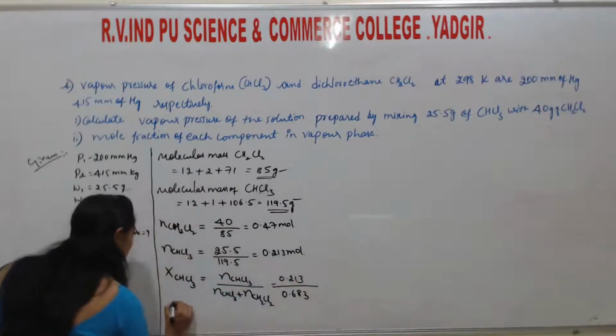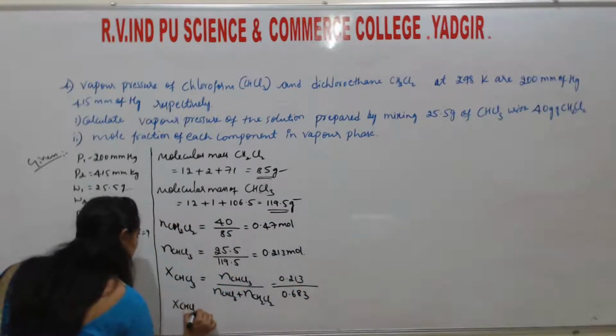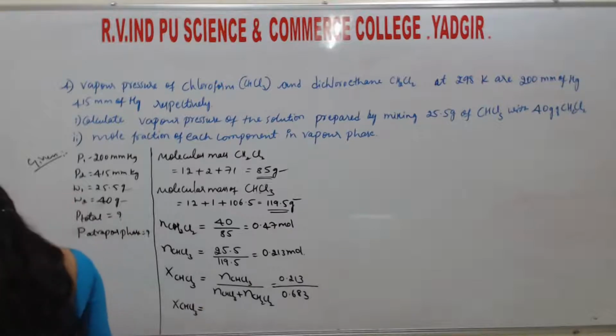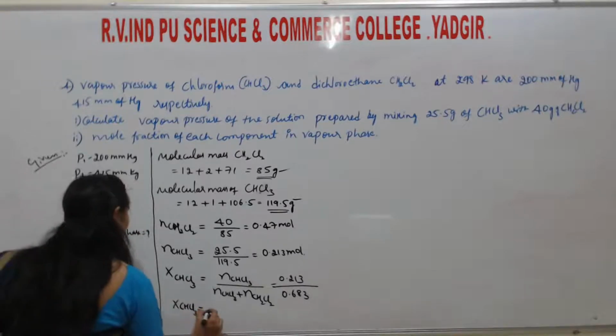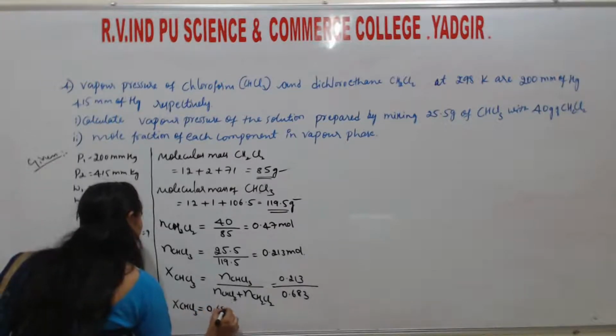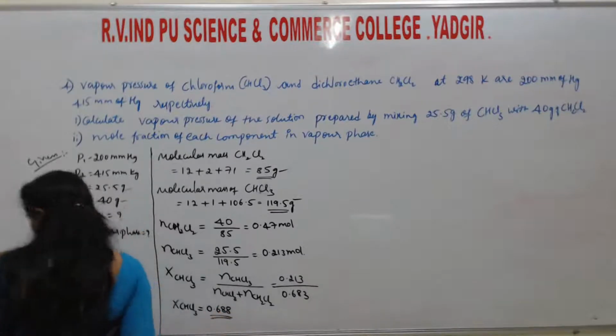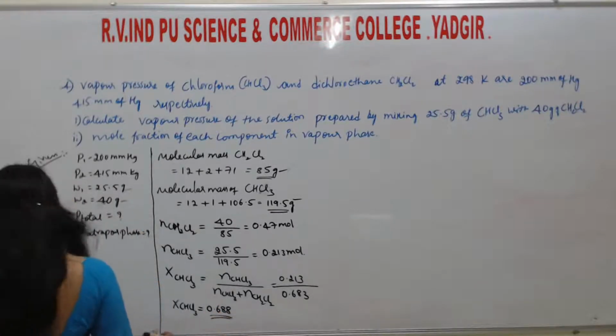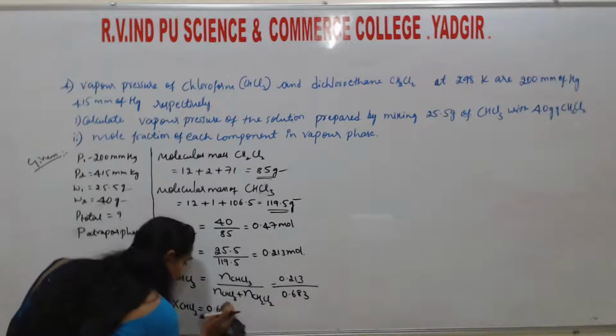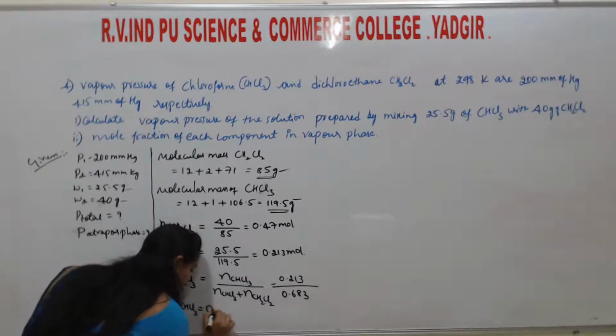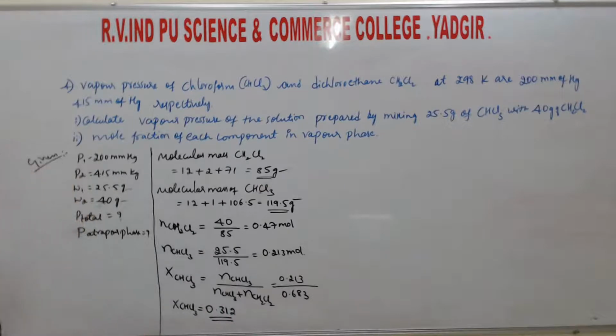Then X of CHCl3 is equal to how many? Answer? So 0.312. Okay? So this is the answer. CHCl3 is 0.312.